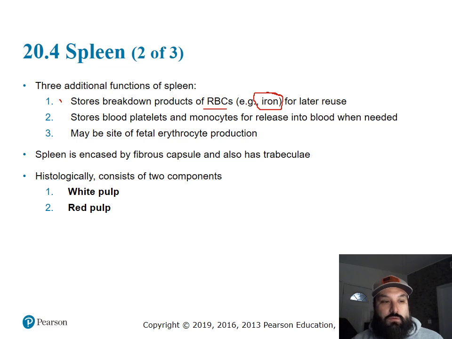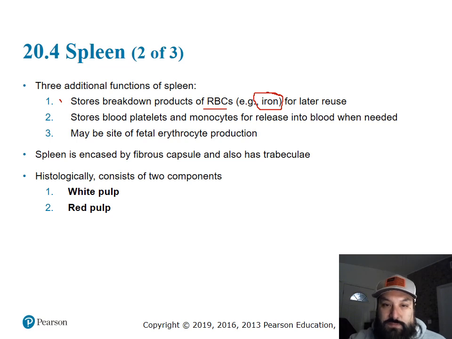After they've worn out their use, we break them down. A place where we store iron is the spleen. Another place that we store iron is the liver, of course, but here's where we store iron. We can reuse the iron. The other stuff we don't really reuse per se, but the iron we can. So this is a place where we store it.